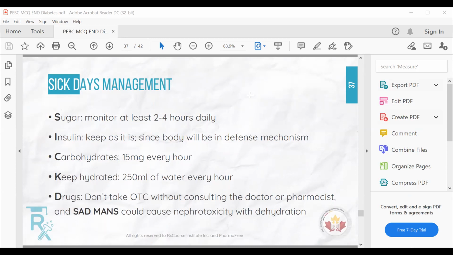If a patient is dehydrated and he is diabetic, what will happen? His sugar will go up because it's not diluted. It's concentrated now due to the loss of fluid. So at that point, I need to monitor glucose level more frequently than normal, every 2 to 4 hours.